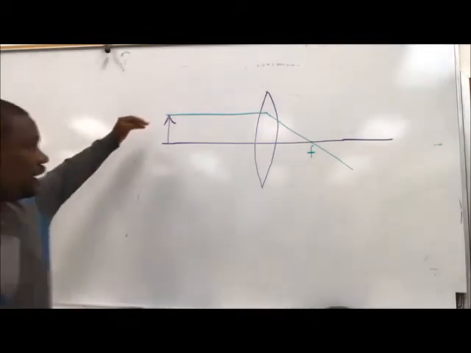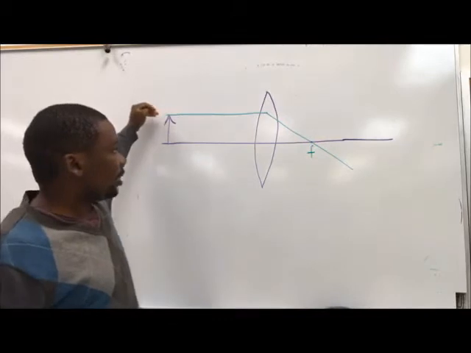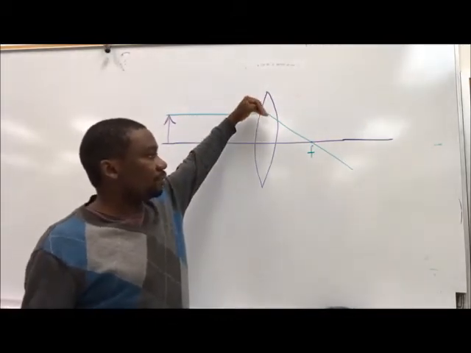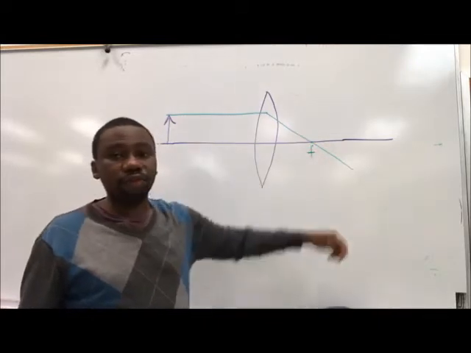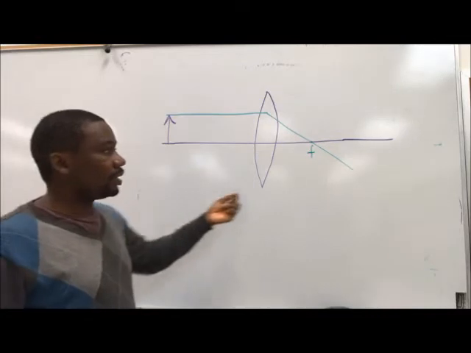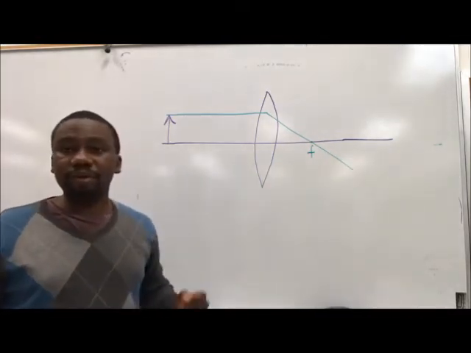So if you have an object and a ray goes from that object, when the ray goes through the lens, it is refracted and sent through the focal point of our system. The focal point is the point where you get the best image.